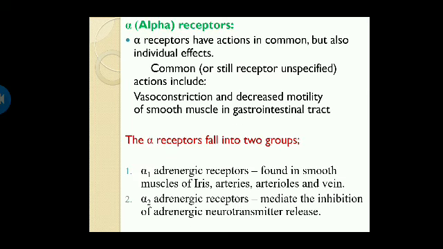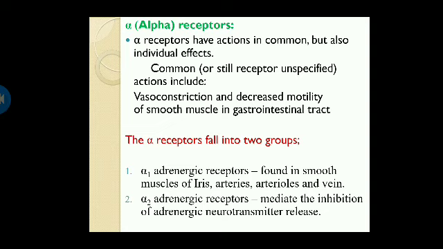First we look at alpha receptors. Alpha receptors have some common actions and also some individual actions. The common actions are vasoconstriction and decreased motility of smooth muscles in the gastrointestinal tract.